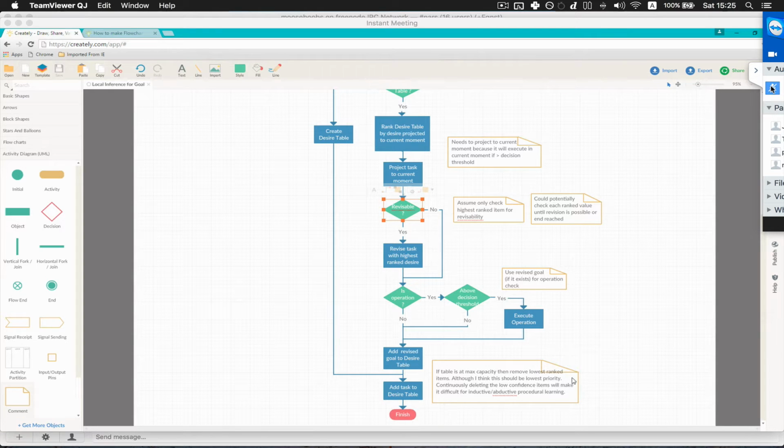And the reason I say that is, if we're continuously deleting the low confidence items, although given that they're projected low confidence items, we're potentially making it much harder for the system to do inductive abductive learning, because all the low confidence items are the first ones to go.